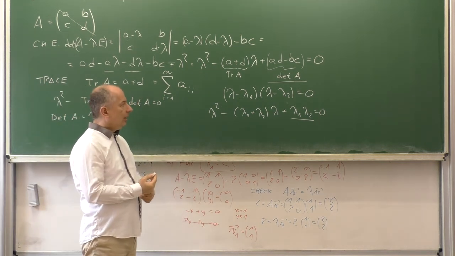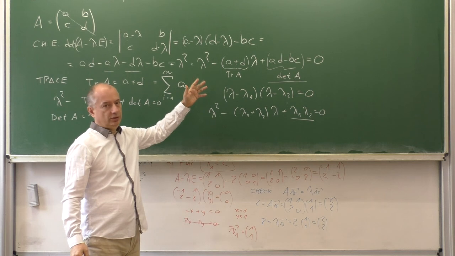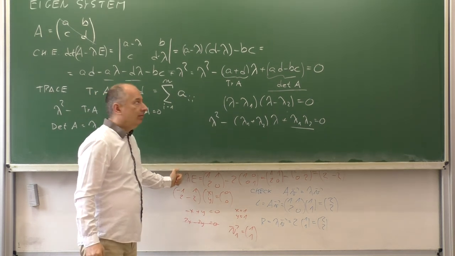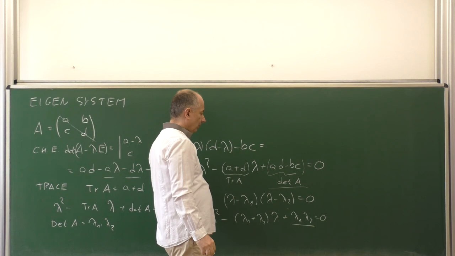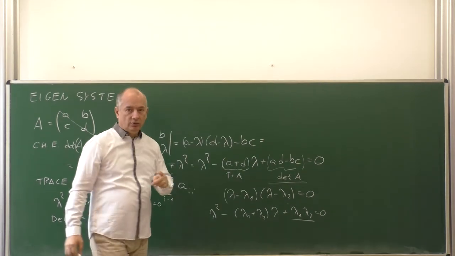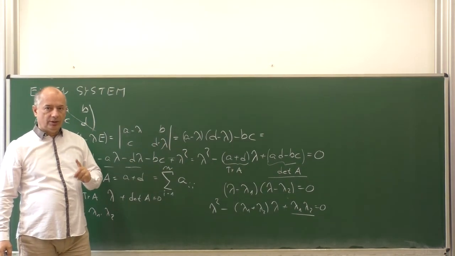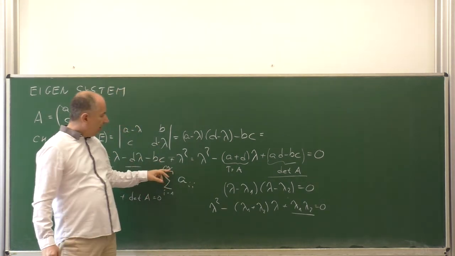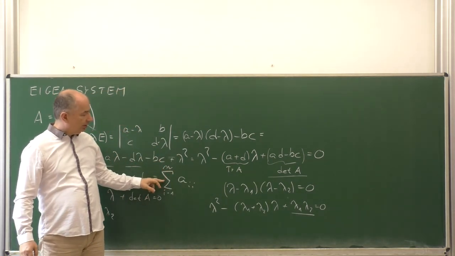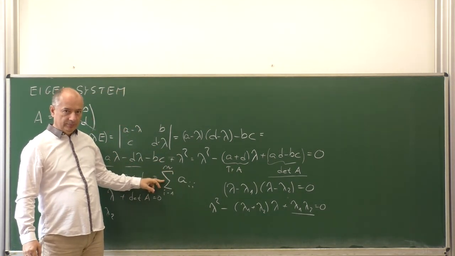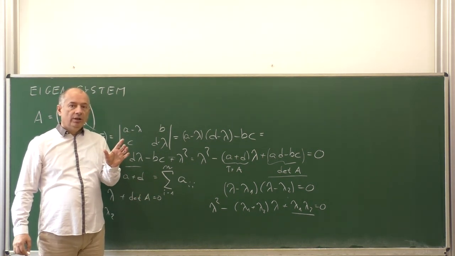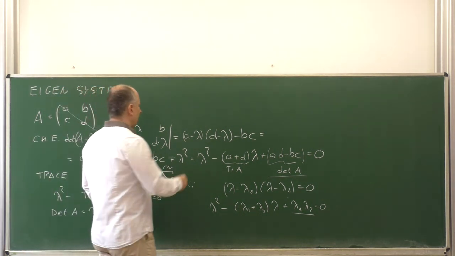It is so easy to show for a 2x2 matrix, but this is true for any matrix, that the product of eigenvalues is equal to the determinant of the matrix. And similarly, as we use capital Greek sigma for sum, we can use a capital Greek pi for a product.